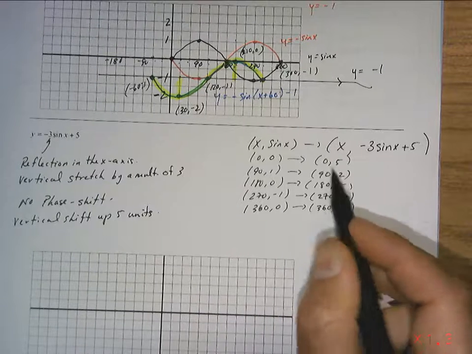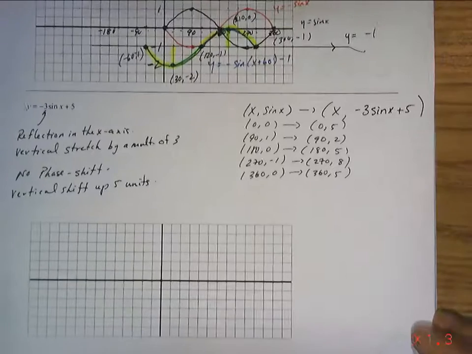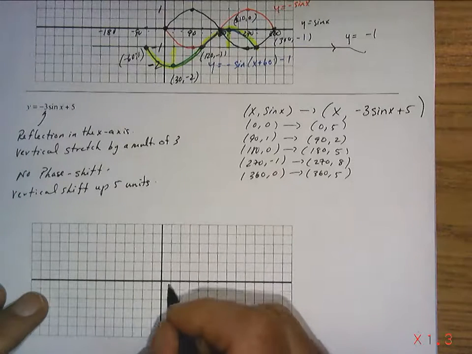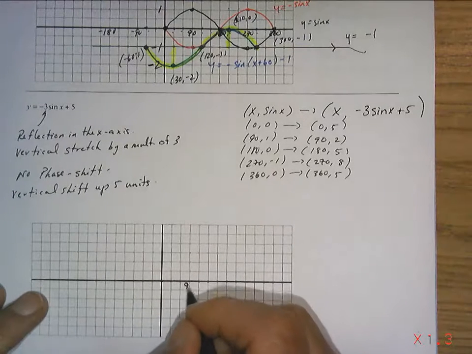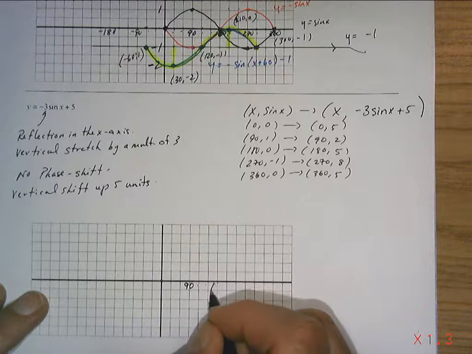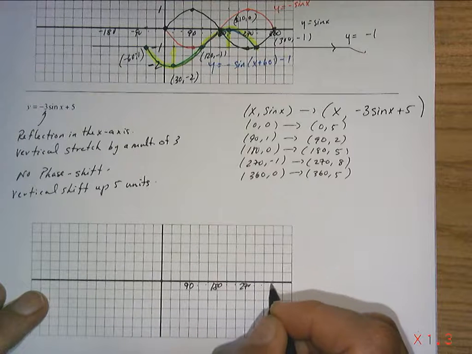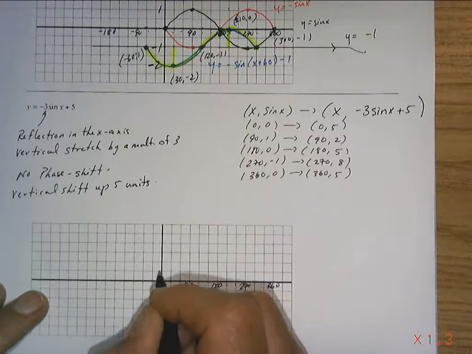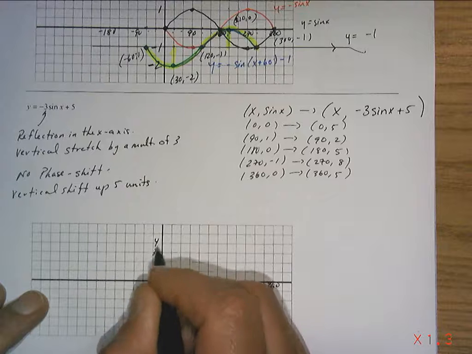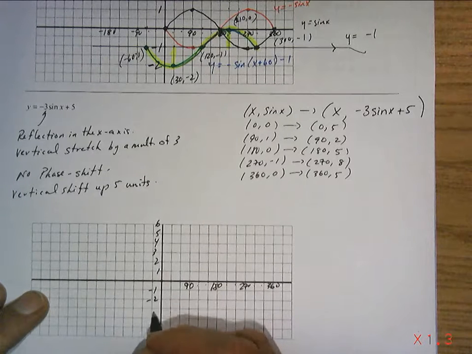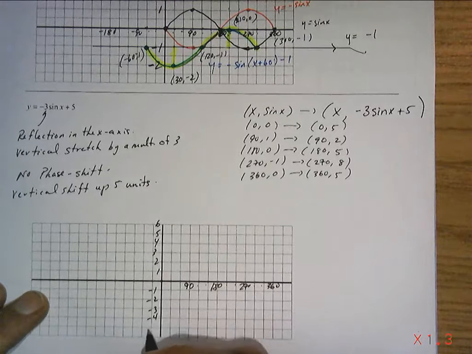Just to show you that this is a really nice method. There's nothing wrong with this method. We're going to take these points and we're going to plot them now. So I need to go 30, 60, 90, and so on along the x-axis. Then 1, 2, 3, 4, 5, 6, and negative 1, negative 2, negative 3, negative 4, negative 5.